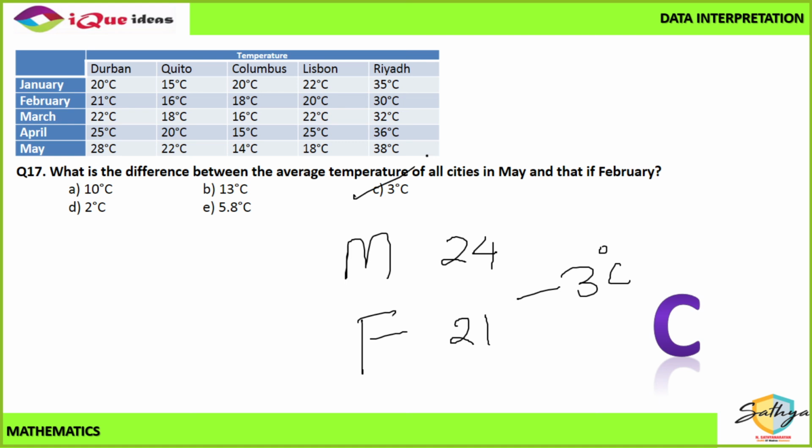This is a pretty straightforward set. After the calculation nightmares in the previous set, this one is very, very simple. Small numbers. Orally, you can do half of them. Did you understand this one? Right. Next one then.